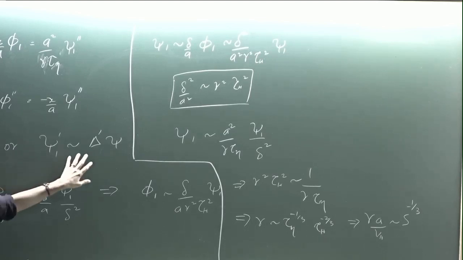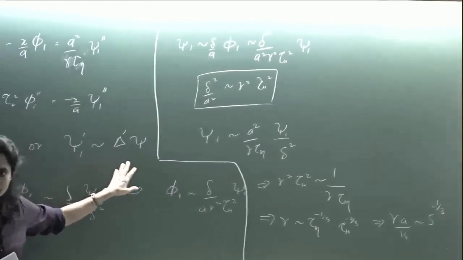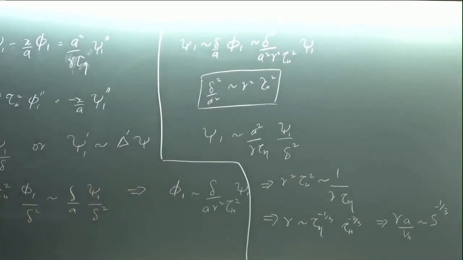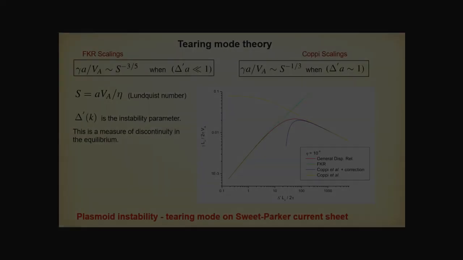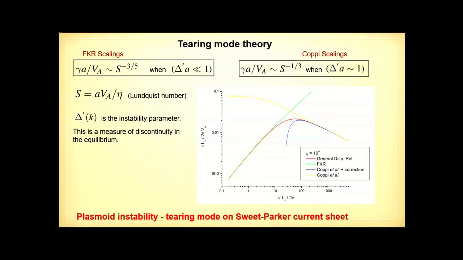If you use this other kind of estimate, then you get another result, which corresponds to another regime. What I mean to say is that with this delta prime parameter, if delta prime is small, then I get one type of scaling, and if delta prime is large, then I get the other scaling.